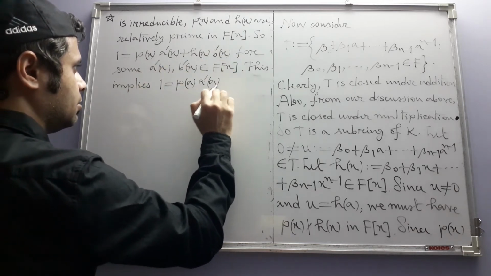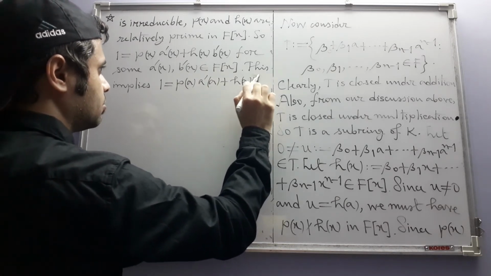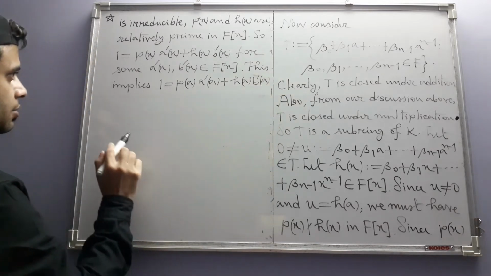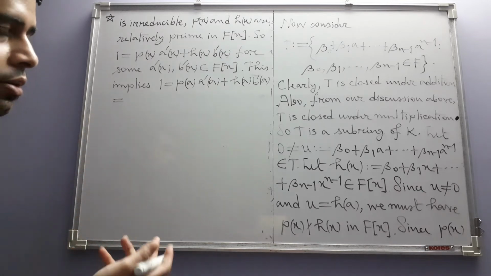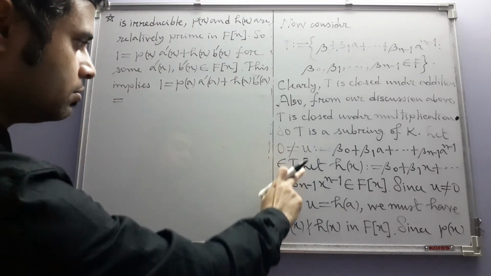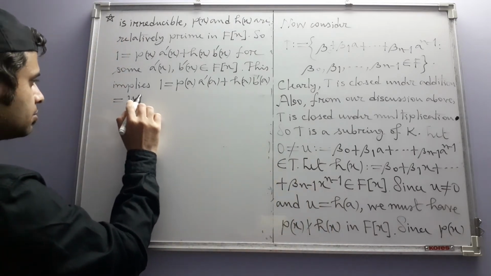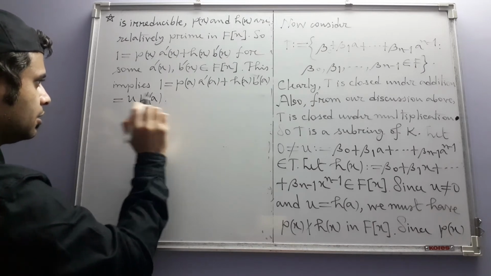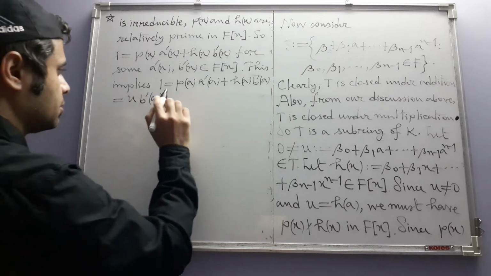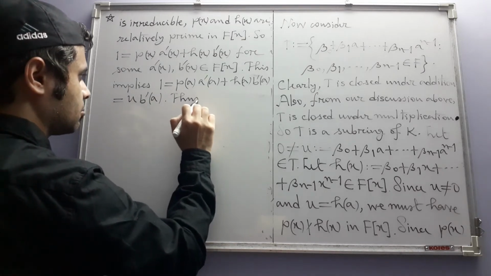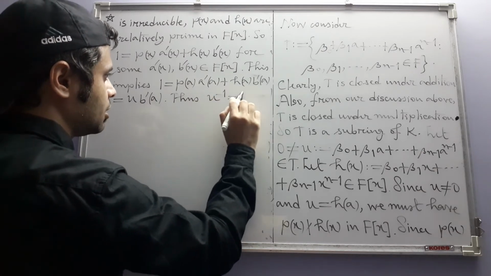A'(A) P(A) plus H(A) B'(A), and this is equal to, P(A) is 0, H(A) is U, so this is equal to U times B'(A). Thus U inverse is equal to B'(A).